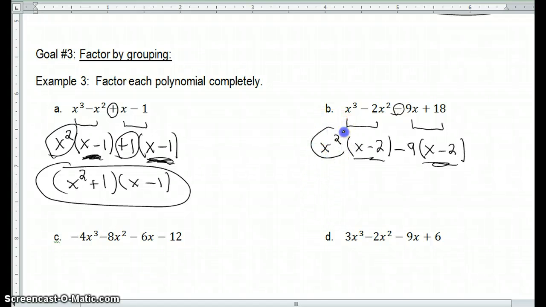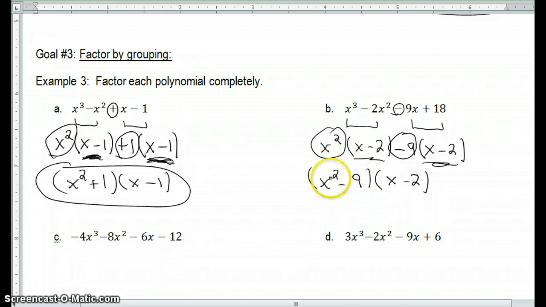So my other factor comes from this and this. We simply factor out a GCF out of our two groups that we split them up into. So I get x squared minus 9 times x minus 2. And whoa, look at this. Over here I had x squared plus something. Here I have an x squared minus something.